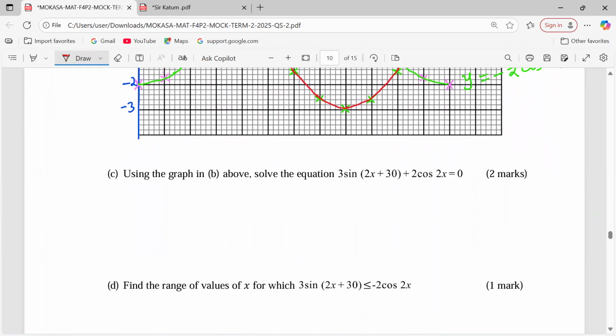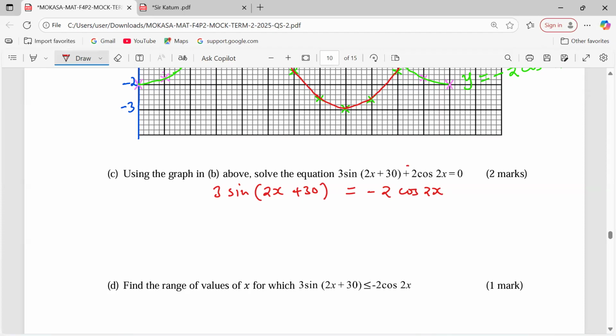In other words, the first function is y equals 3 sine of (2x plus 30), and the second one is negative 2 cosine 2x. This part has been taken to the left to be positive and remain with 0.